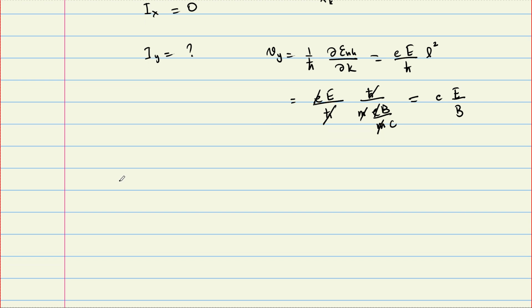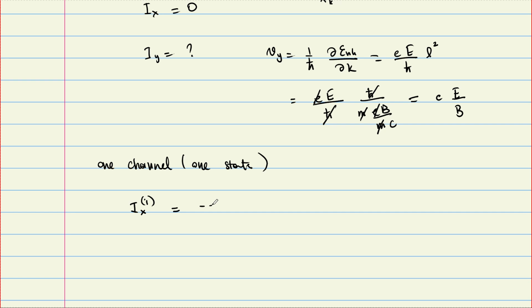Now I want to calculate the current Iy. So let me first calculate it for one channel, or one state, and then I'm going to sum over all possible states. So Iy, let me call it I for one channel.